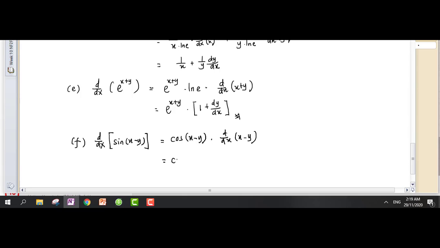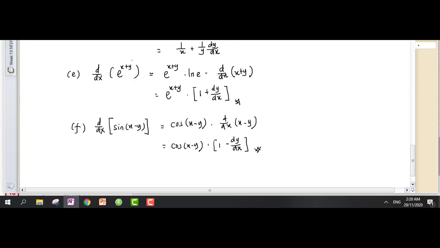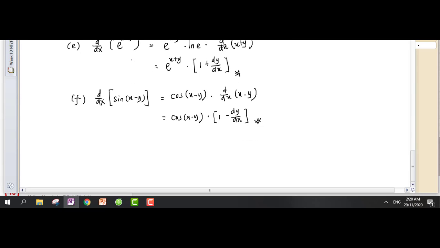So copy back the cos of x minus y. Differentiate x minus y, we get 1. Differentiate y, we get dy/dx. So this example 19 is considered the basic. In this video, I will introduce you to another example, which is example 20.